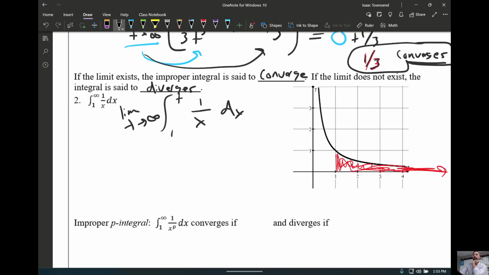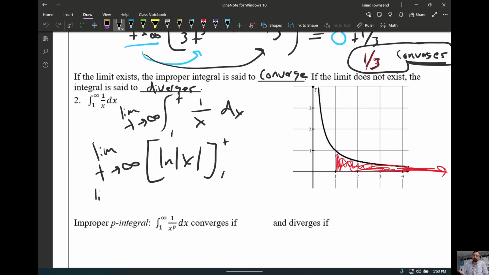So integrating 1 over x is still natural log of absolute value. You're still going to evaluate the same way using the fundamental theorem of calculus, which is plug in a t first, plug in a 1 next, and then subtract them. But what's the natural log of 1? Okay, so let's just go ahead and change that to 0.